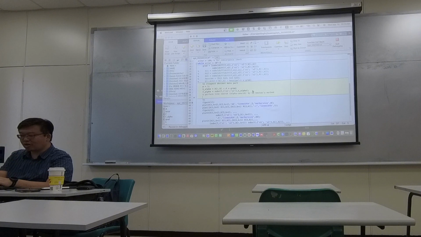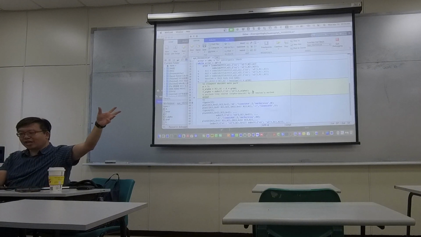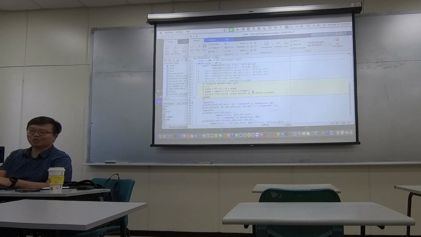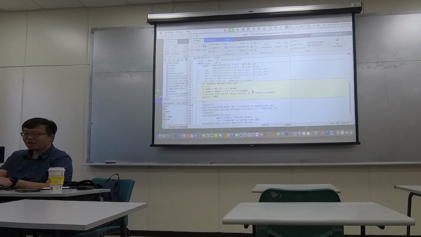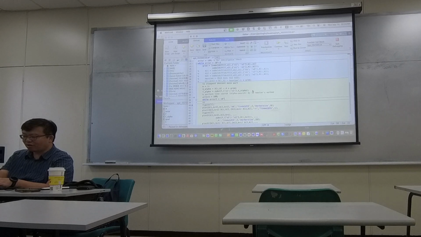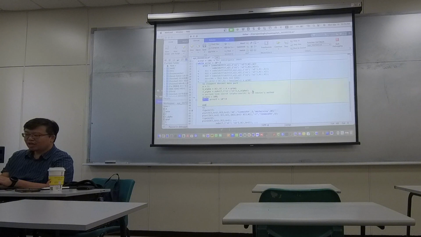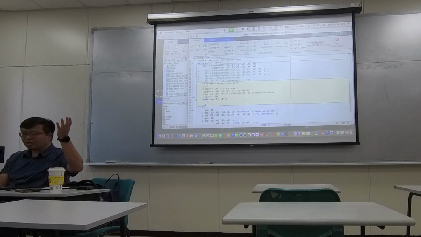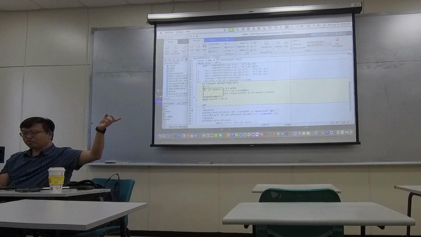So I'm gonna call this error, but I already used error in the main procedure, so I'm going to call this error 2. So error 2 is 100, something big. While error 2 is larger than 10 to the power of negative 3, I need to do iteration. So initially the iteration number m equals to 1.